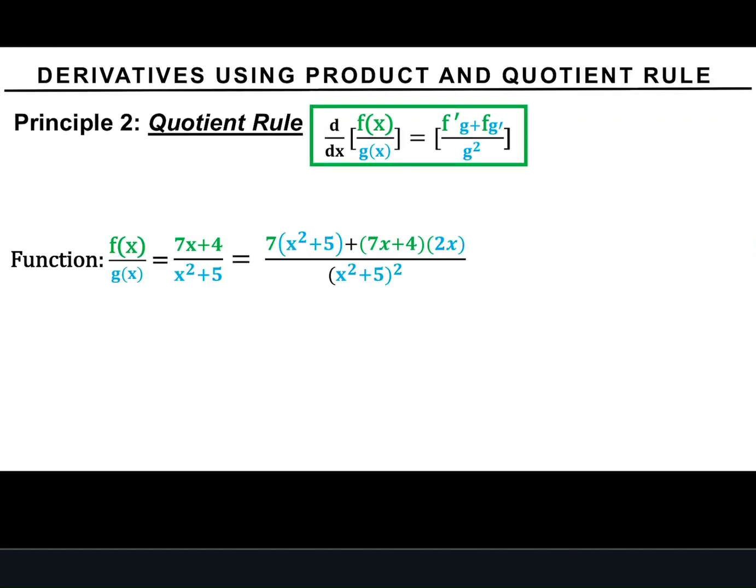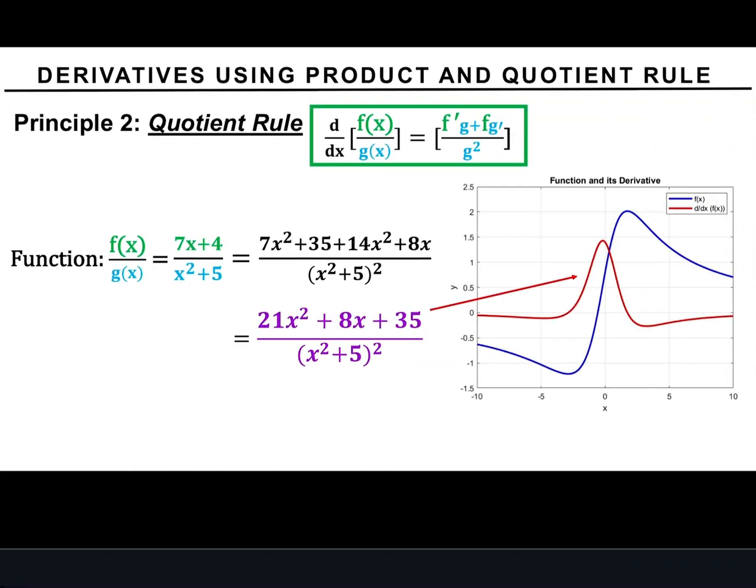Okay, so let's simplify. Use FOIL. And on the bottom, you can simplify that more as well. And if you would, we're going to separate them as shown, perform FOIL, and solve. Simplifying more, on the top, our final answer is going to be 21x squared plus 8x plus 35 over x squared plus 5 squared.